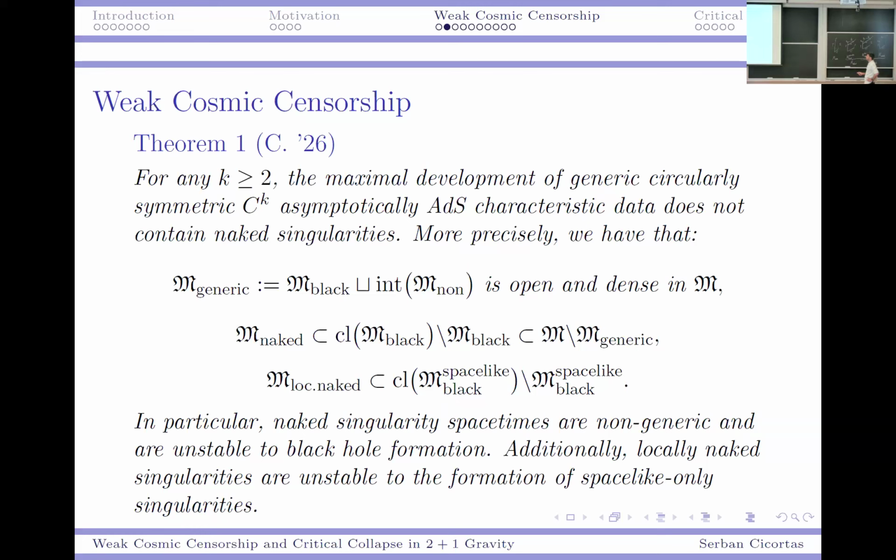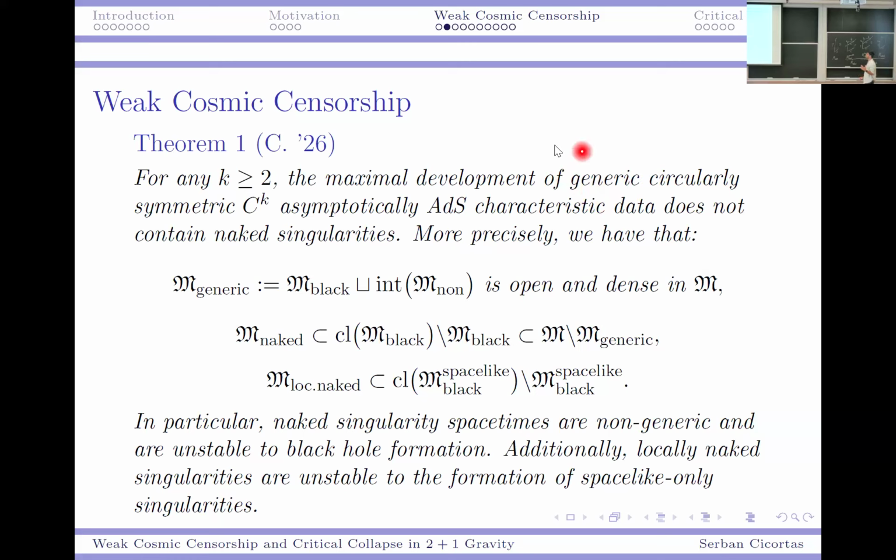Yeah. So let me compare the statement of these with the statement of Christodoulou's recursive censorship in 3+1 dimensions. So of course, that's for a different model, in spherical symmetry, Einstein scalar field. So first of all, we use different notions of genericity.